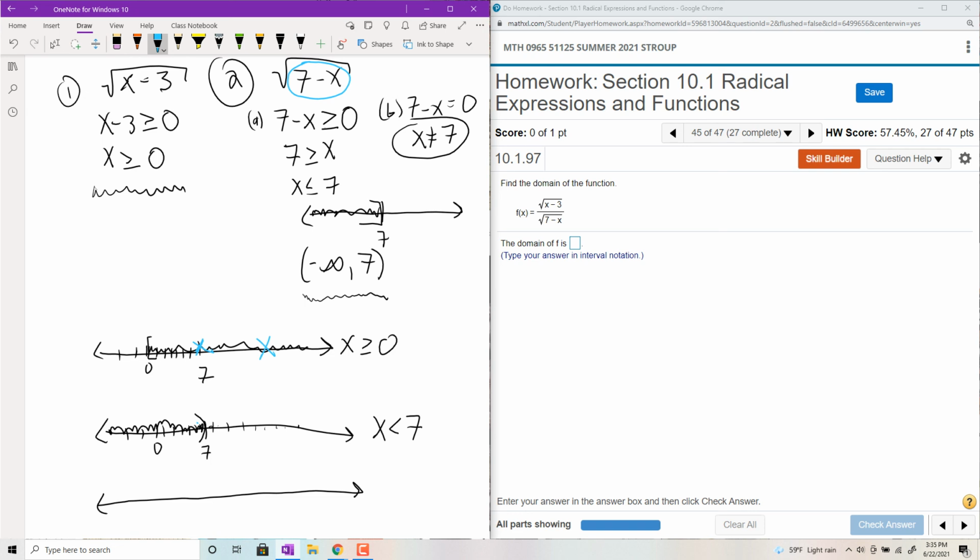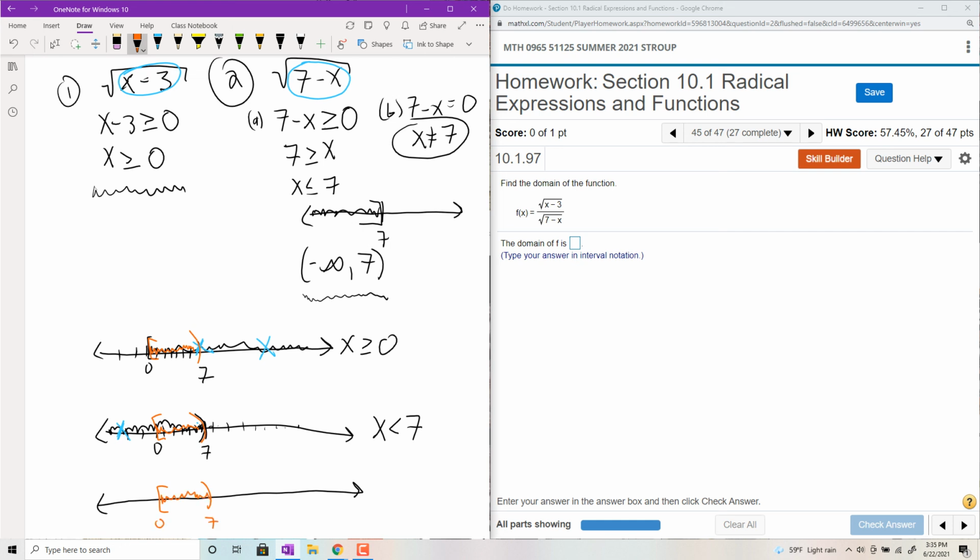Likewise, you can't put in anything like -5, because now the other expression won't work: -5 minus 3 is -8, and you can't take the square root of a negative. So you can only use numbers that are in both intervals, and that'll be stuff up to here. It is from 3 to 7.